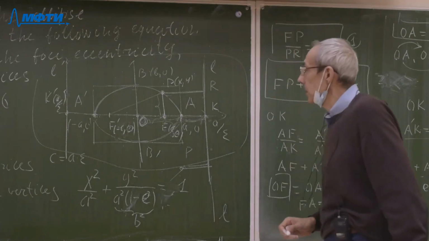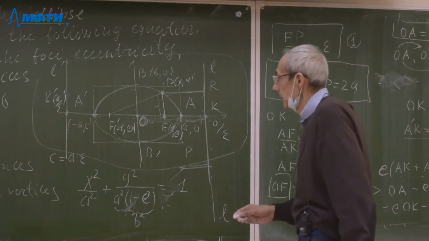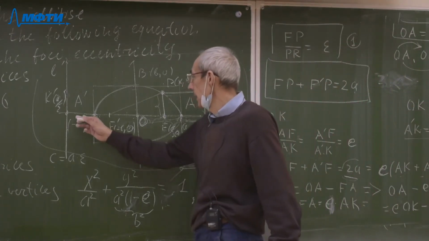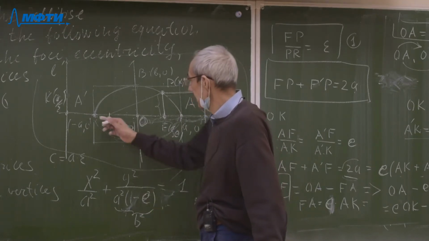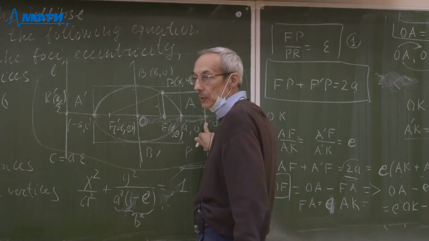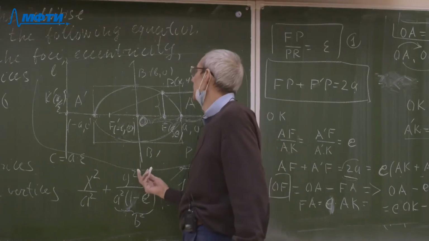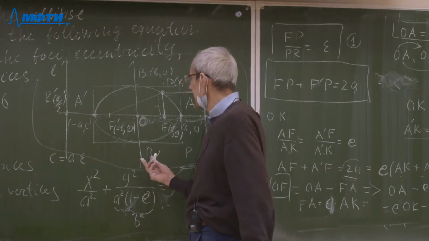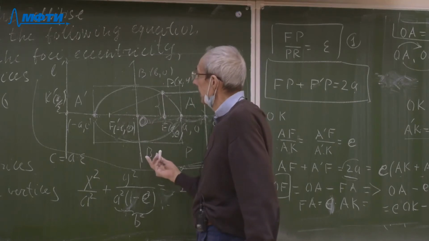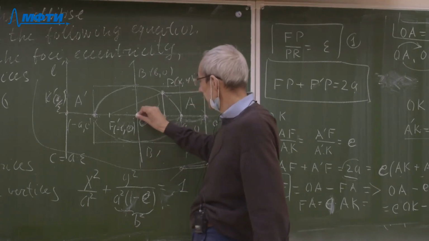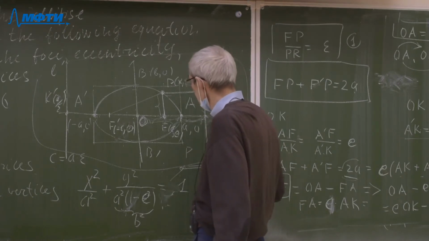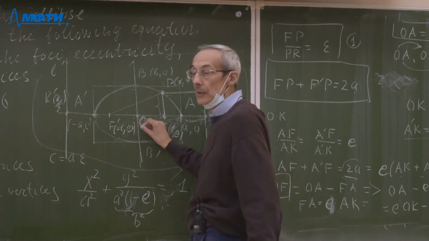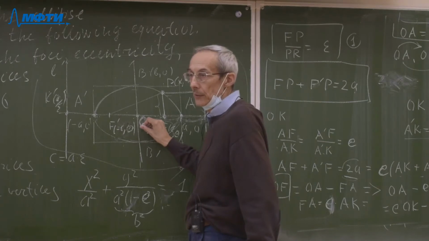After that, we introduce the coordinate system the following way. The axis OX is this perpendicular, and axis OY is the straight line which is parallel to our fixed straight line and passes through the point O. This is our coordinate system.